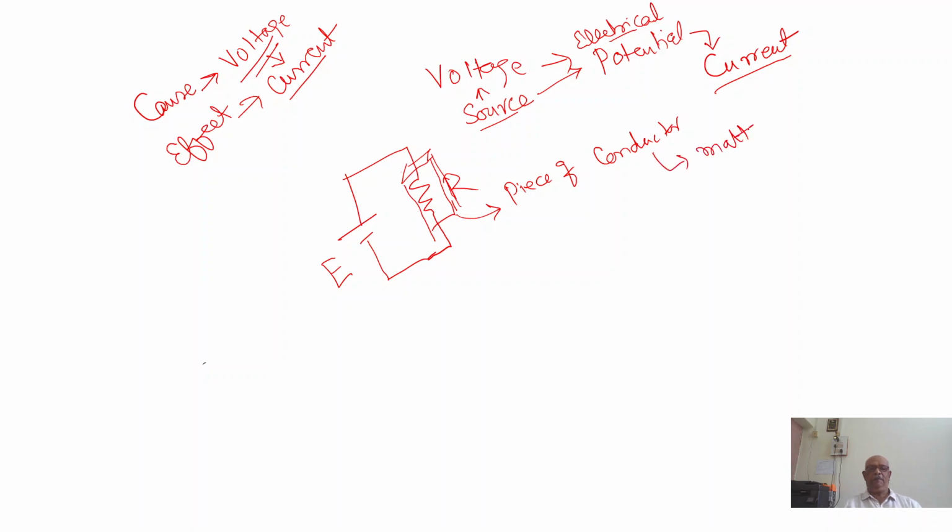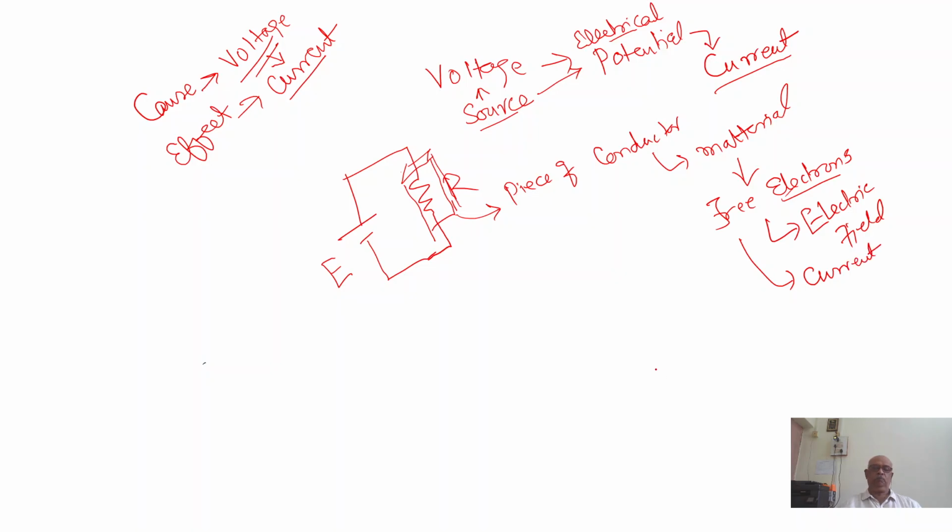And when we say a material which can conduct, it means there are free electrons, and these free electrons, when exposed to an electric field, will result in a movement of the charges, that is electrons, and that will result in the current.